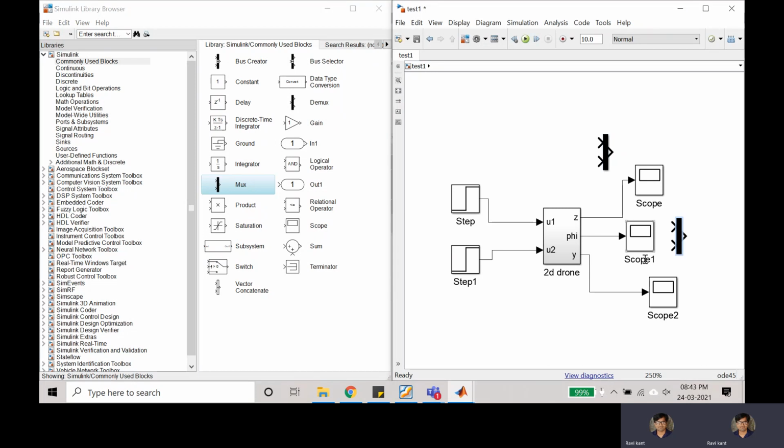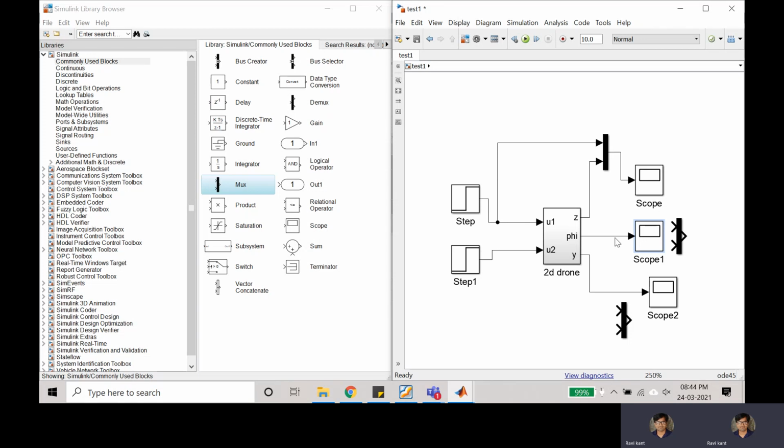It will give you a comparative plot. I will delete this here and put the Z over here, and one Z I will take from the step signal. So essentially your step signal will also be plotted here, and your output Z is also plotted here.